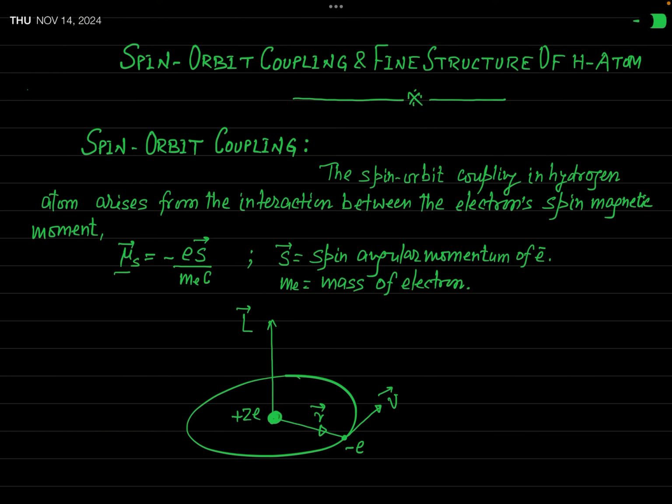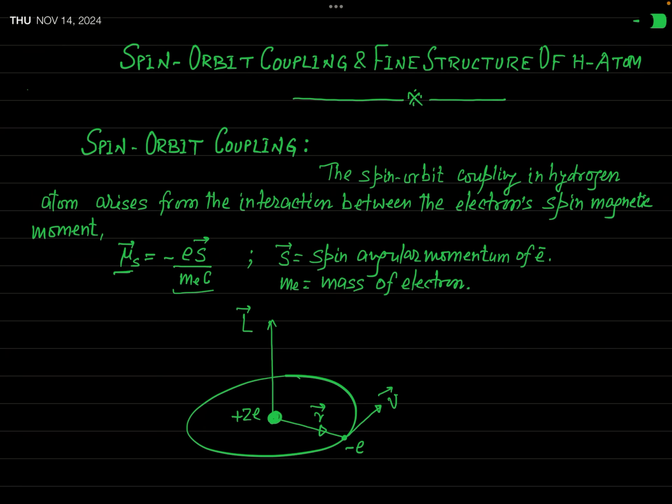In my course on atomic and molecular physics, I have discussed that the electron possesses a magnetic moment. It behaves like a tiny magnet, and its magnetic moment mu_s is given by this formula: minus e S over m_e c.